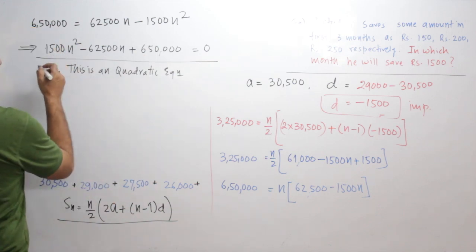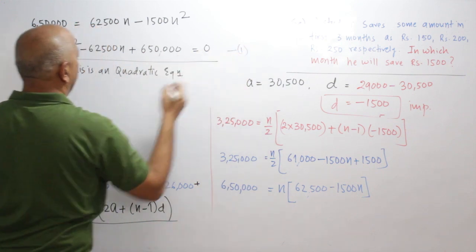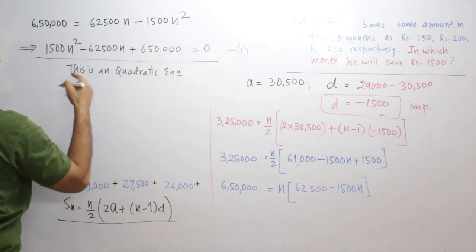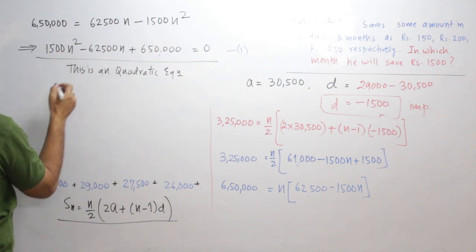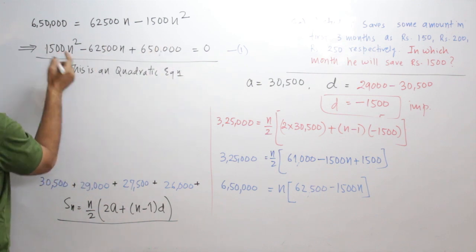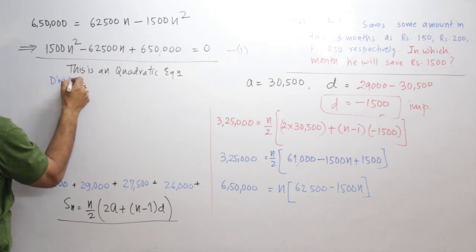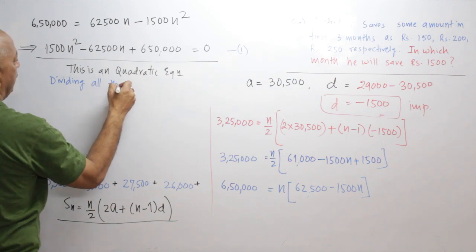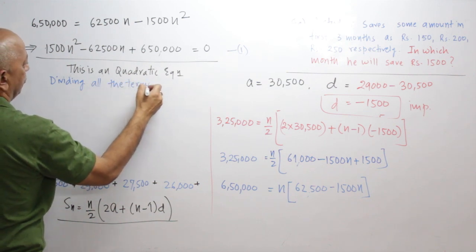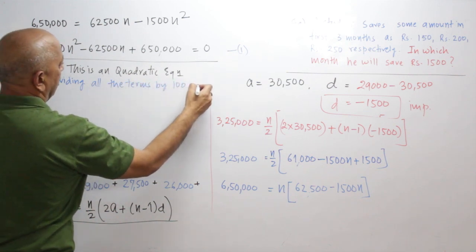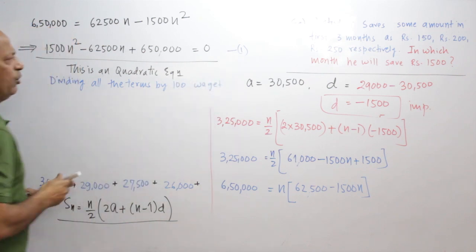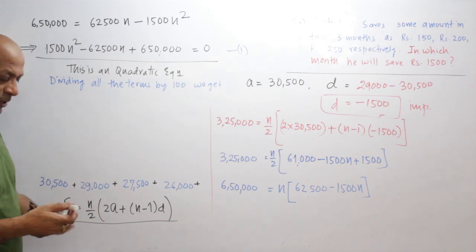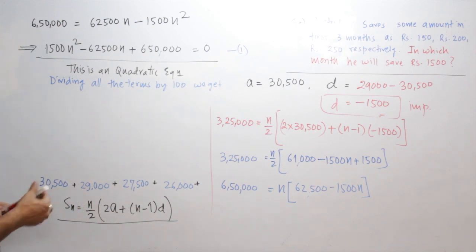For simplicity, I can divide all the terms by 100. I can do it by dividing directly by 1,500, but I am doing it slowly so that you can understand.